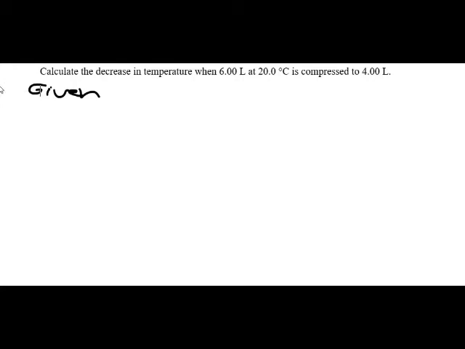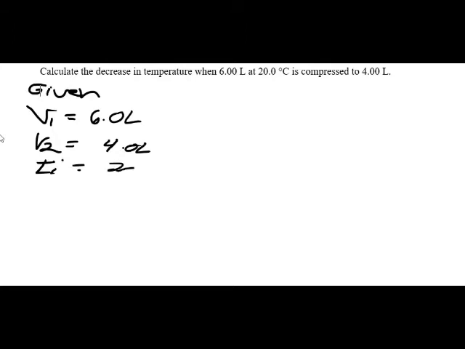Volume number 1 is 6 liters. Volume number 2 is 4 liters. Temperature number 1 is 20. And what is missing is T2.